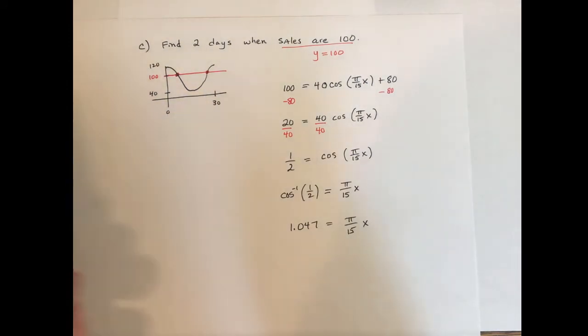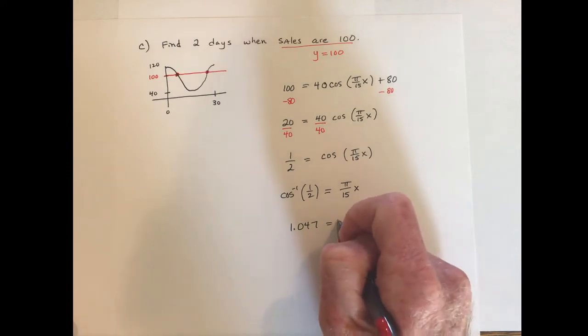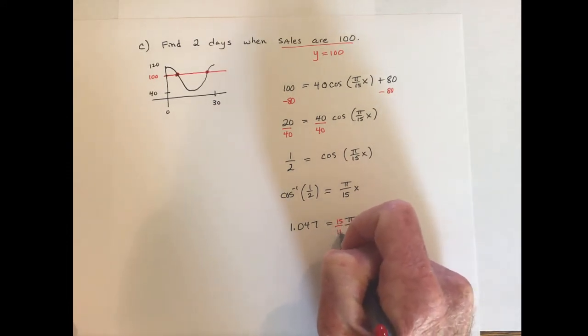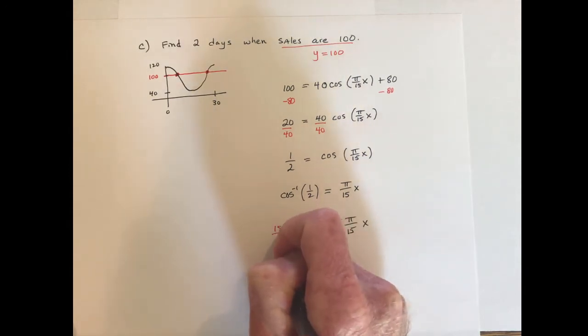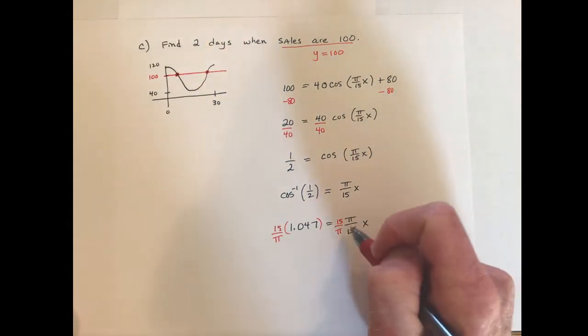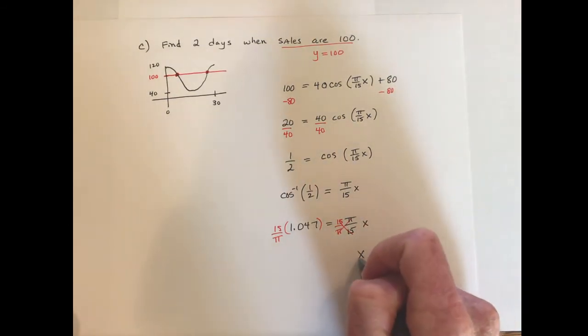And then the last step, to solve for the x over here, you could use the reciprocal, multiply by 15 over pi, and then this one also multiply by 15 over pi. So then these cancel, these cancel. Now we have our first solution.